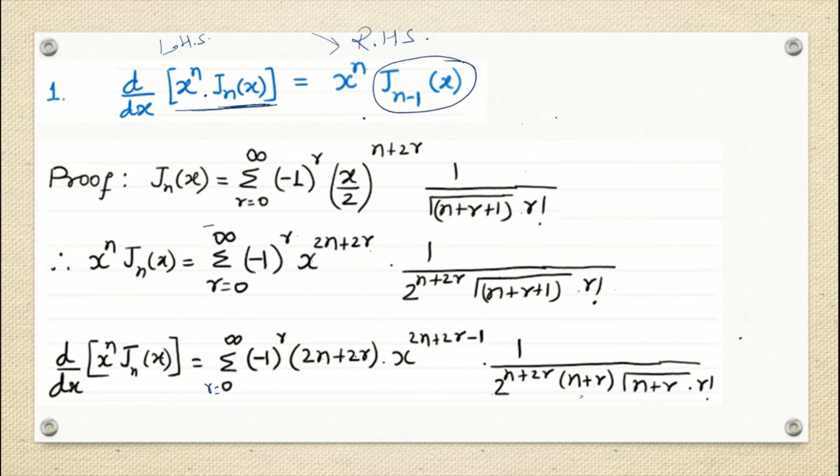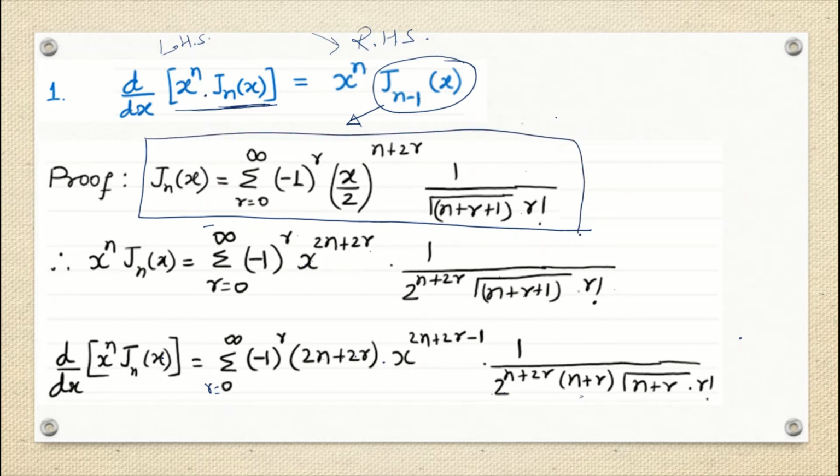Here we are going to discuss this J n minus 1 of x. We know that this J n is one generalized term, where n is nothing but the order. This J n is the nth order Bessel function of the Bessel differential equation. This J n minus 1 of x is the Bessel function of n minus 1th order.